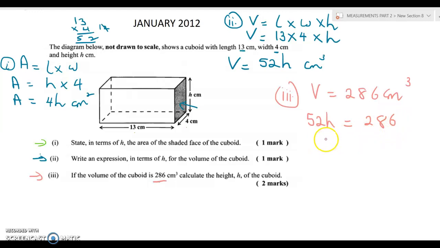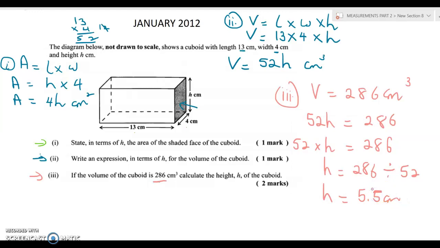So 52 times h is equal to 286. So our height will be 286 divided by 52. Opposite of multiplying by 52 is division by 52. And when we work out that, we get our height to be 5.5 centimeters.